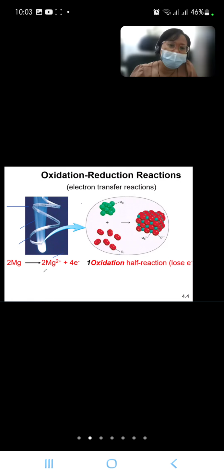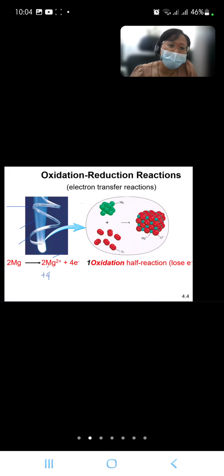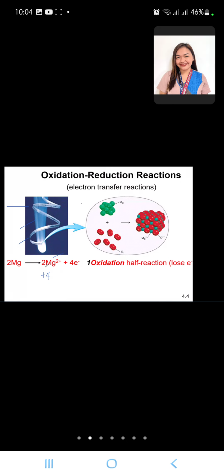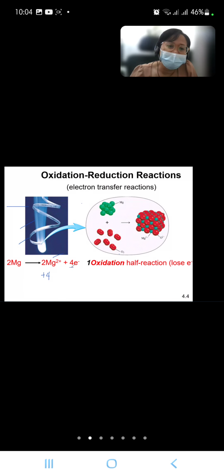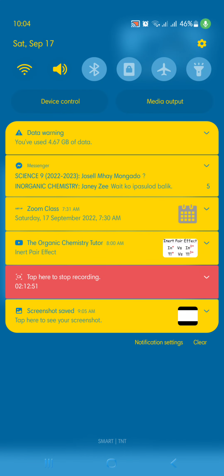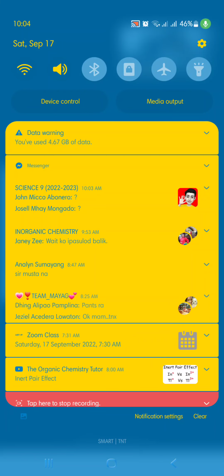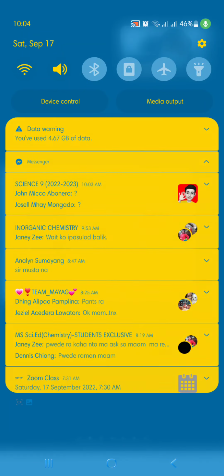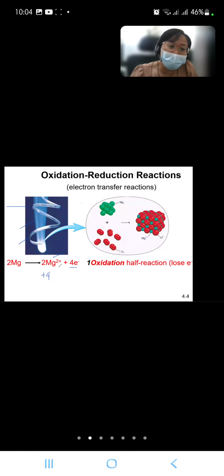Okay, so the charge here is positive 4. The total charge here in the 2 moles of magnesium is positive 4, because the 2 moles of magnesium lose 4 electrons, since each mole loses 2 electrons. Okay.